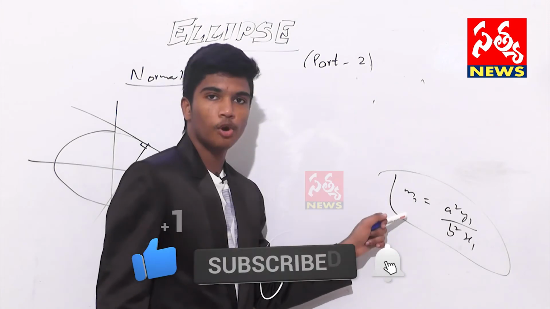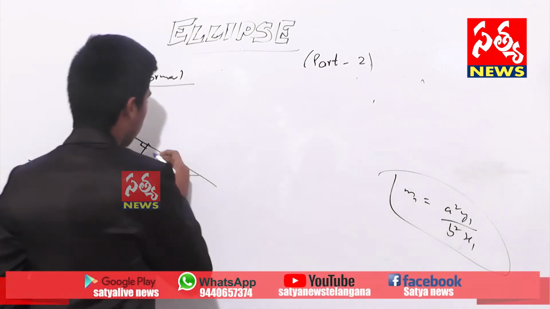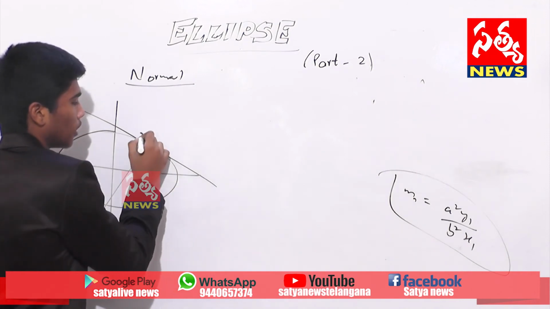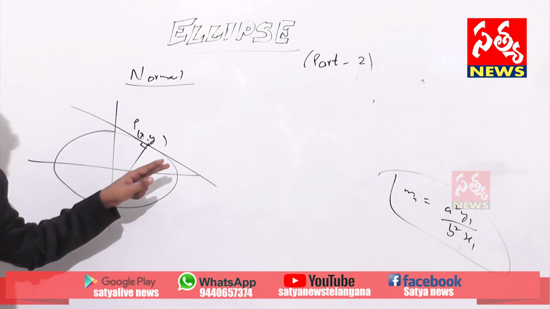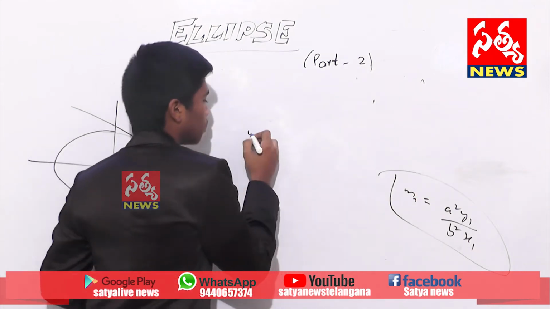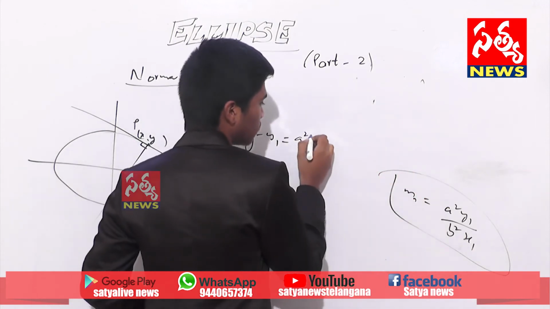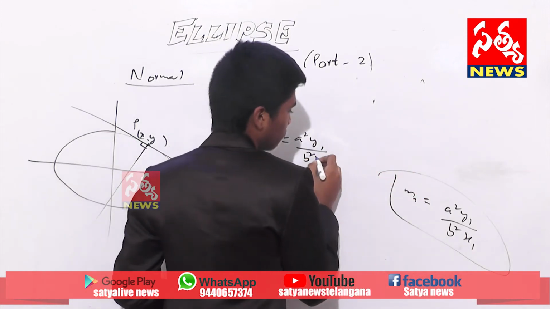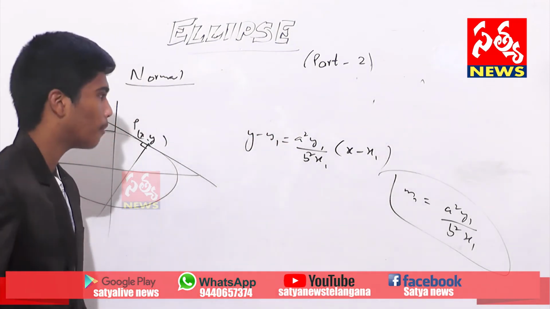Our final slope of the normal is a² y1 / (b² x1). As you know, this point is (x1, y1), and the normal also passes through this point. So simply use the formula y - y1 = m(x - x1), with m of the normal being a² y1 / (b² x1). Remember this formula, right?